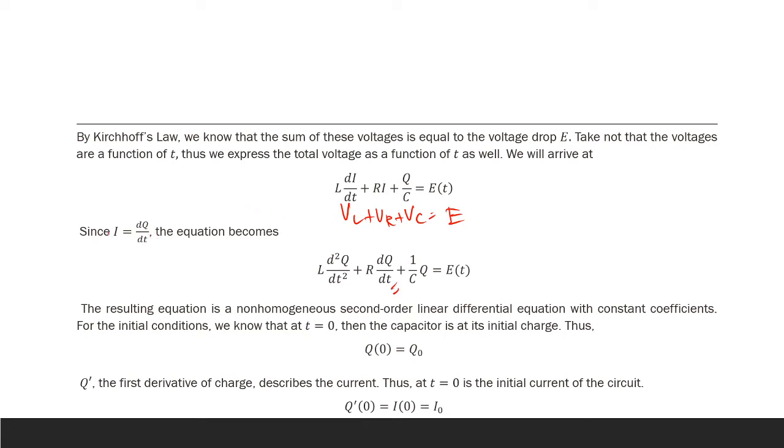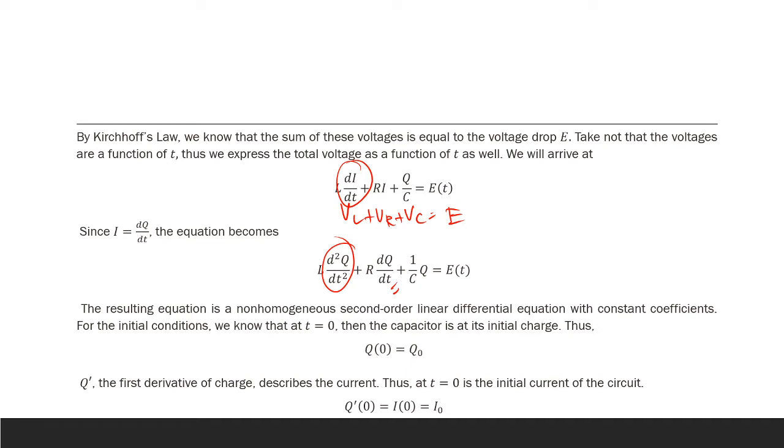If you take the first derivative of I, that's di over dt, di ba? So, di over dt is actually the second derivative of q. So, itong di over dt, pwede natin palitan ng d squared q over dt squared because we know that di over dt, that's the first derivative of I, and the first derivative of I is the second derivative of q, which is d squared q over dt squared.